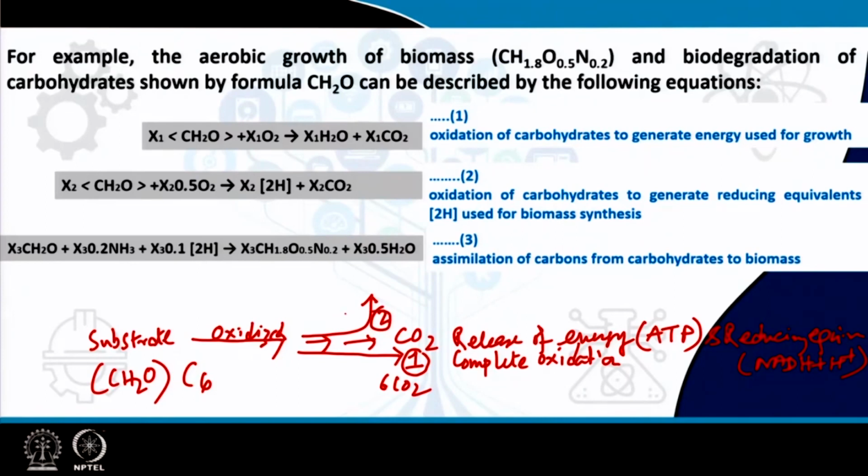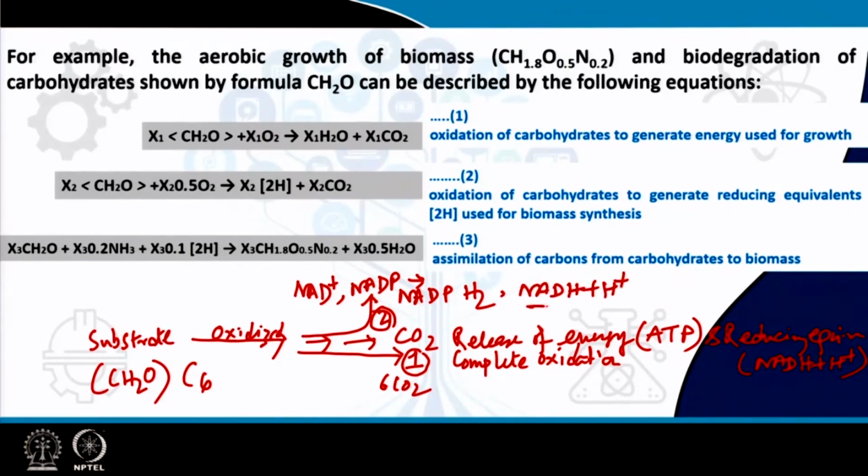So, in option 1 we have the complete oxidation of the substrate and generation of a huge amount of energy. In option 2 we can have more NAD plus or NADP plus reduced to NADH or NADPH2. So, electrons are given to the reducing equivalent like NAD plus or NADP plus, resulting in the production of NADPH2 or NADH plus H plus.